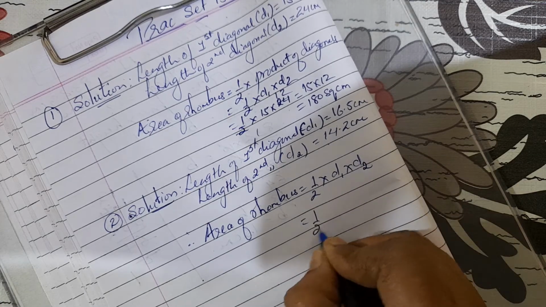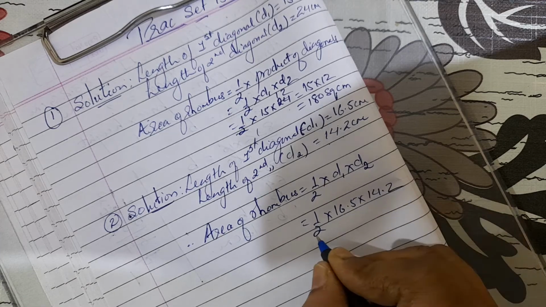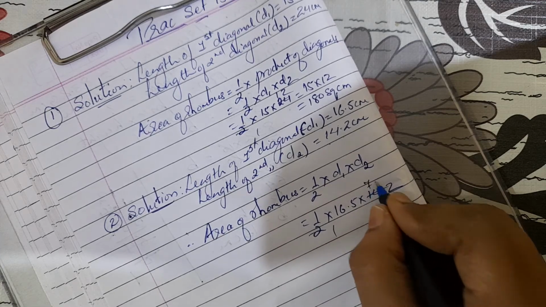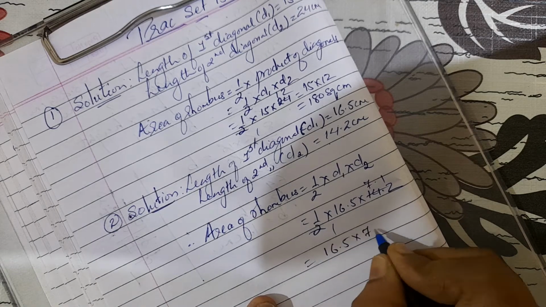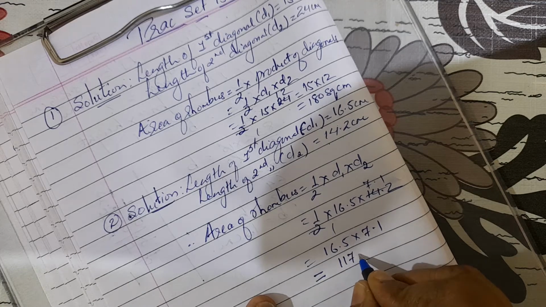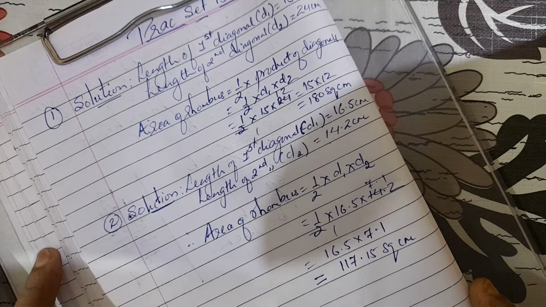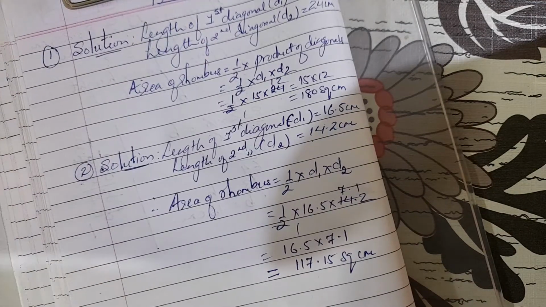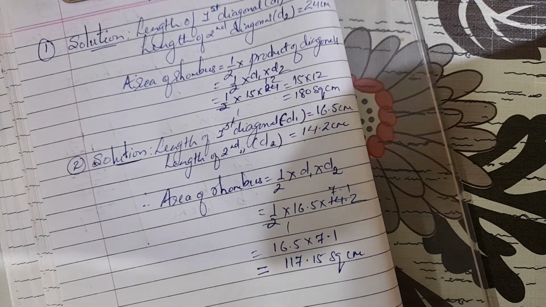So this is equal to half into 16.5 into 14.2. So 2 ones are 2, 2 sevens are 14, so it is 16.5 multiplied by 7.1, and that is equal to 117.15 square centimeter. Multiplication you can check in the rough column.